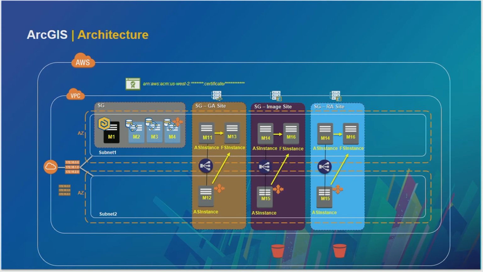It's also going to create another security group for my GA site, my image site, and my other one for raster analytics. And then it's also going to register my S3 buckets for me, so that raster analytics has a place to put all of its processes.